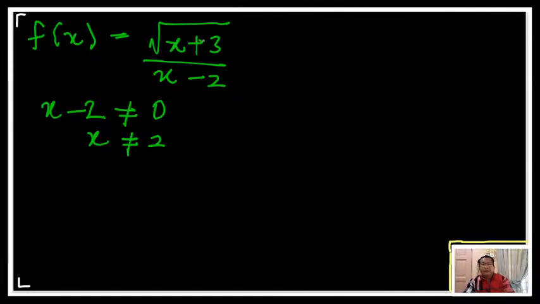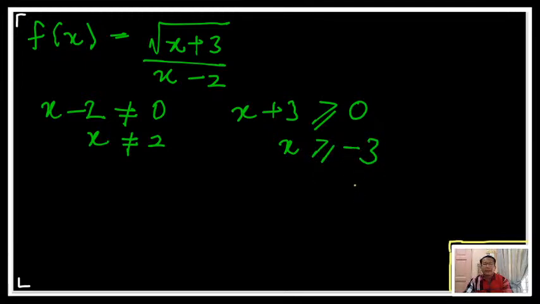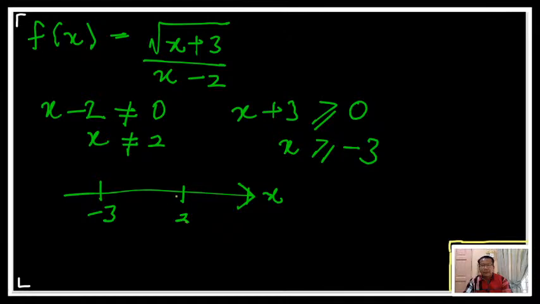And the other one is for the numerator. x plus 3 must be greater than or equal to 0, so x is greater than or equal to minus 3. On the number line, you have minus 3 and you have 2, not equal to 2.